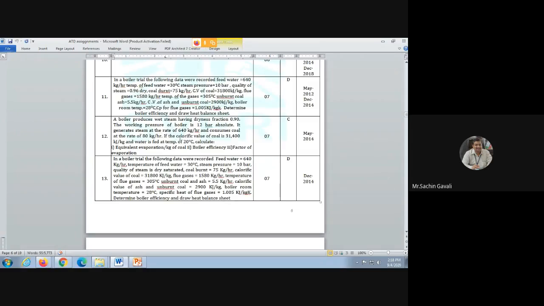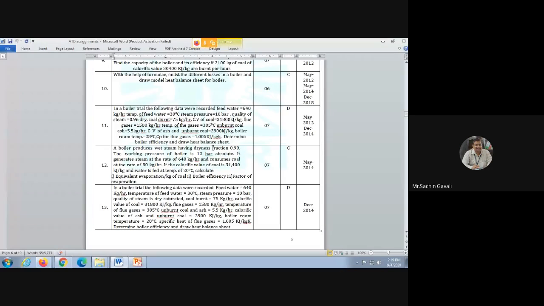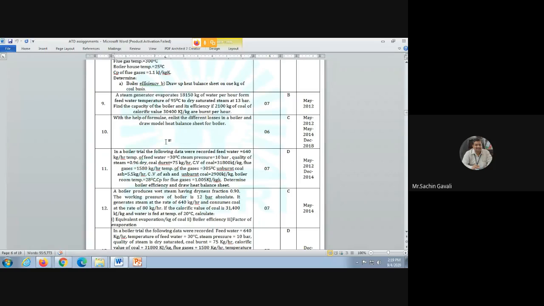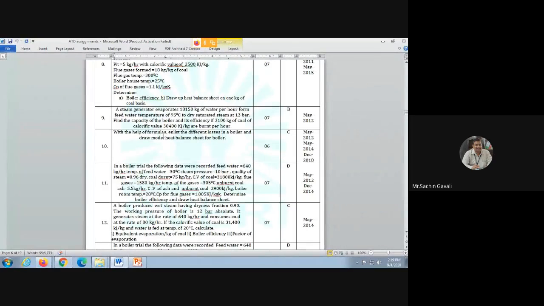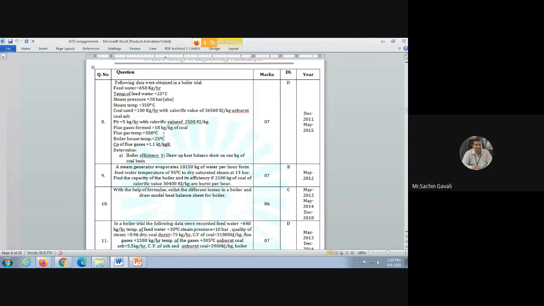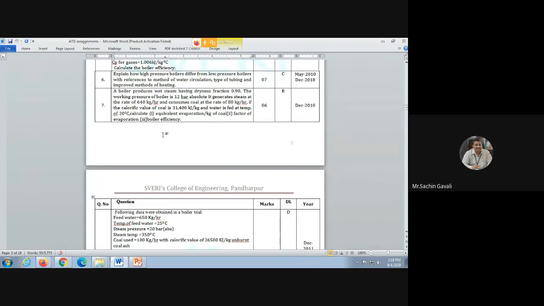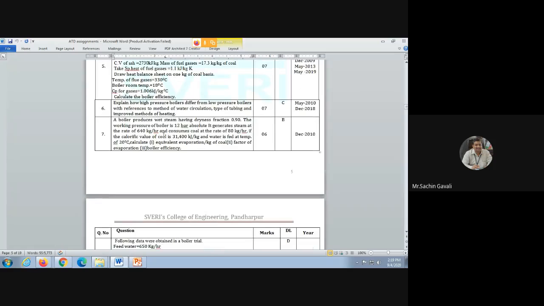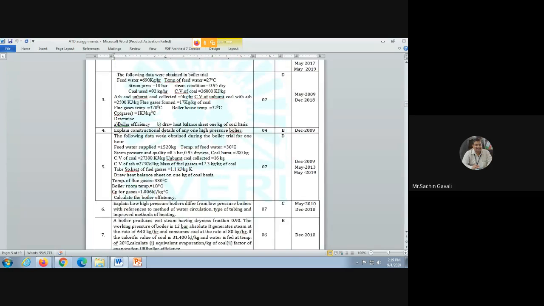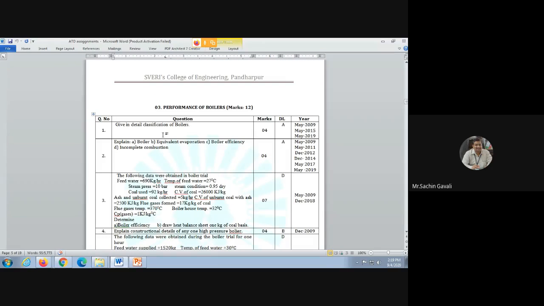It generates steam at the rate of 640 and consumes coal at the rate of 80 kg per hour. This numerical also I think we have completed. Only the balance sheet and losses remain. Okay, boiler produces steam and dryness 0.90, completed. So all the numericals from the question paper or assignment booklet we have completed.